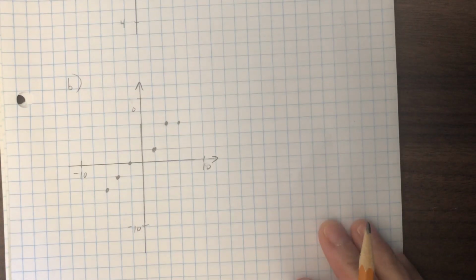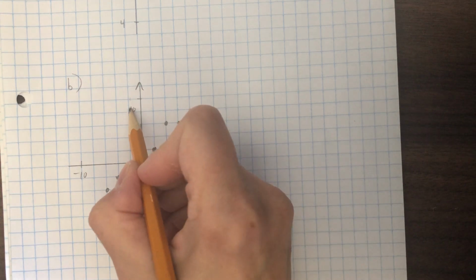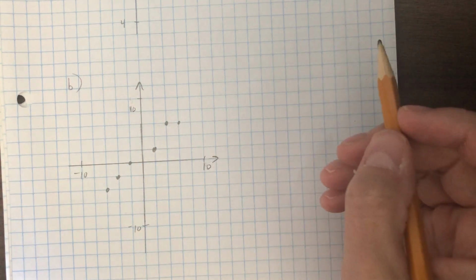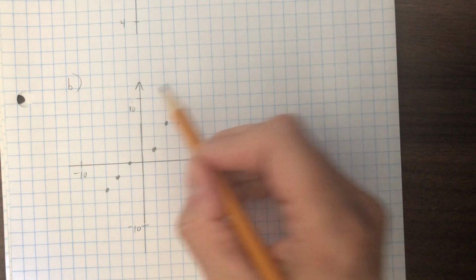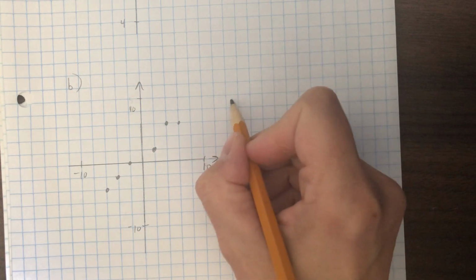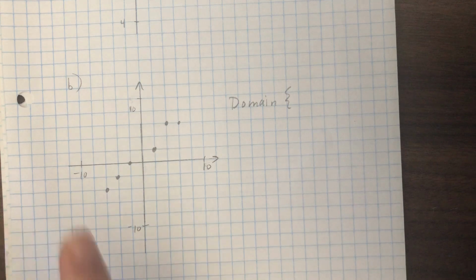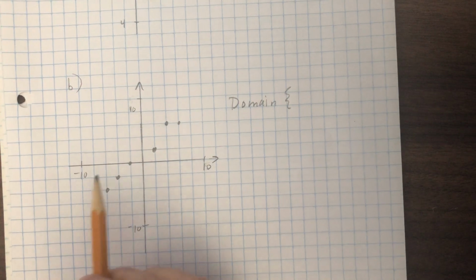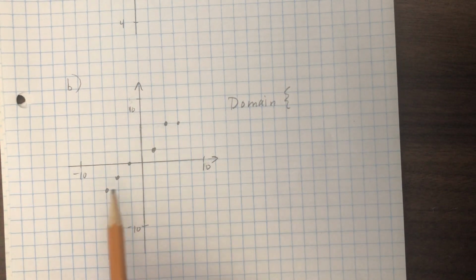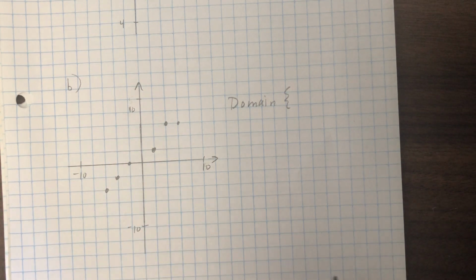Let's look at one more example here. Starting with the domain. Now, you have to be careful, make sure you're looking at the scale. This one I scaled by 2s, so each square is 2 units.